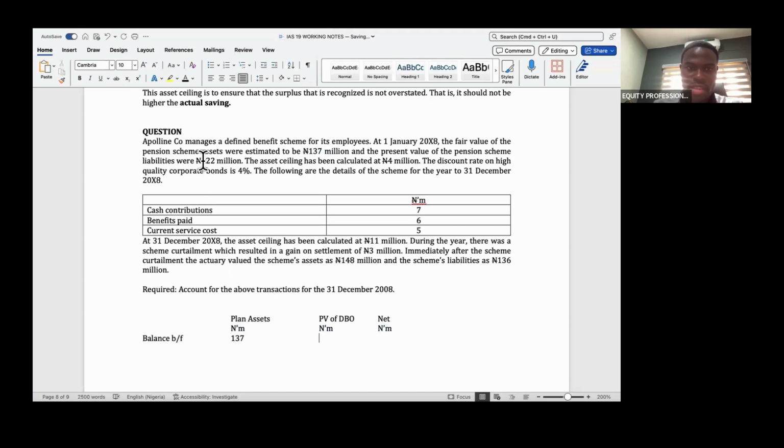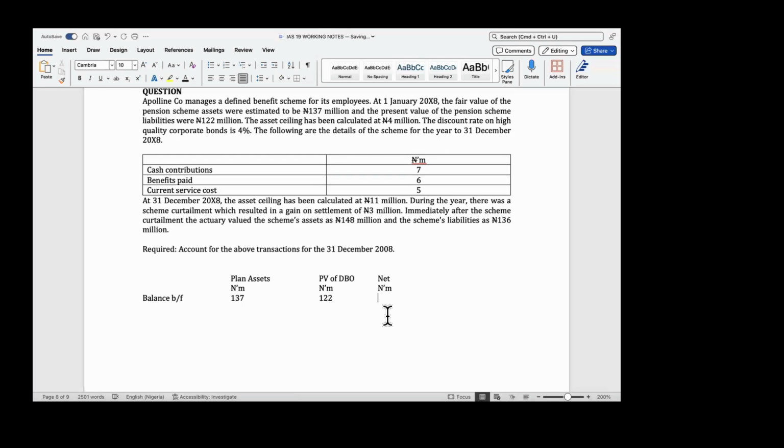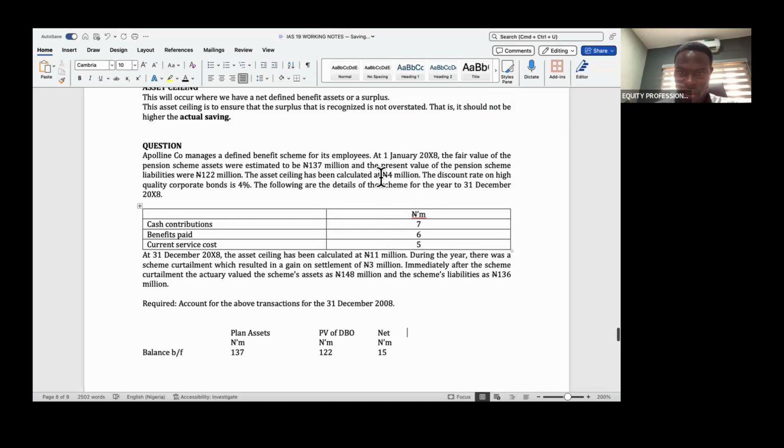For the scheme liabilities, 122. This time around, I think I might need a difference in order to get the net. So what's the difference? 15 million. However, I can see that they said the asset ceiling is 4 million.